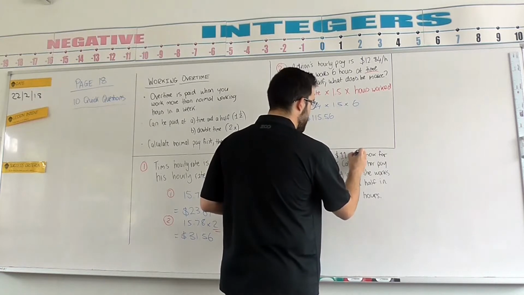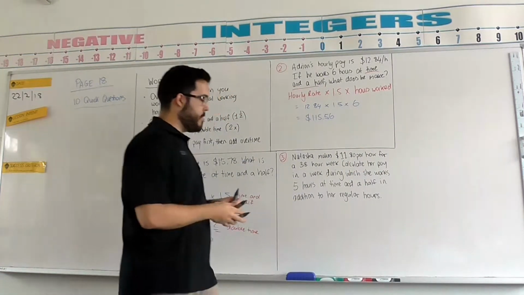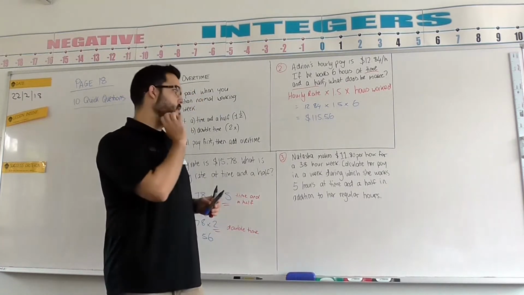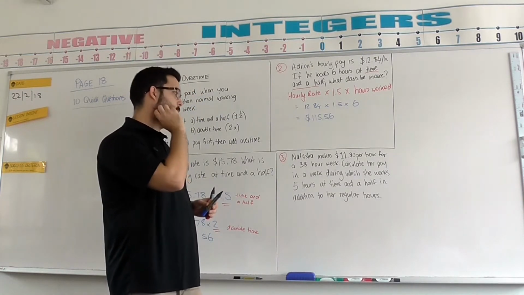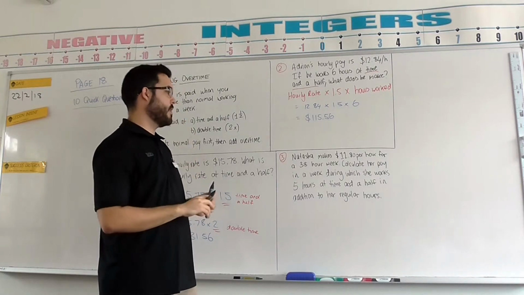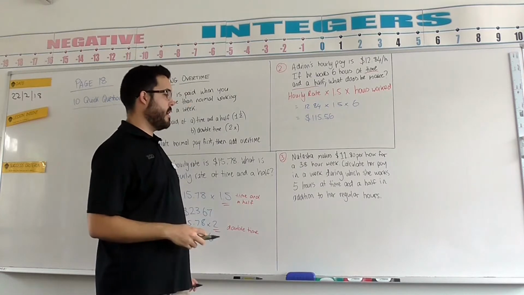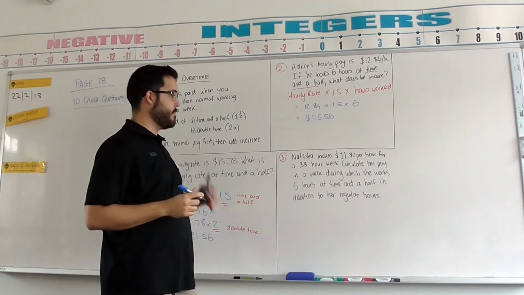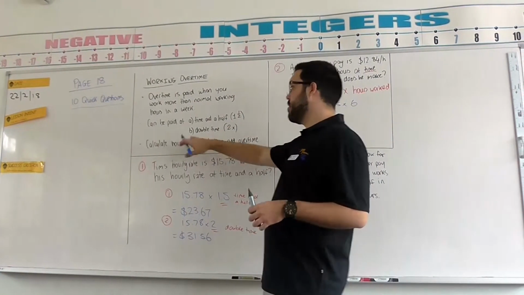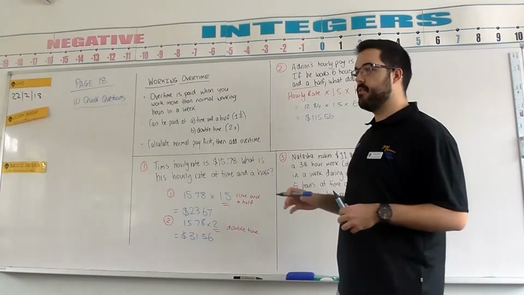This last one here is the only one that could be a bit confusing. Natasha makes $11.80 per hour for a 38-hour week. Calculate her pay in a week during which she works 5 hours at time and a half in addition to her regular hours. The big thing here is we calculate her normal pay first and then add the overtime.